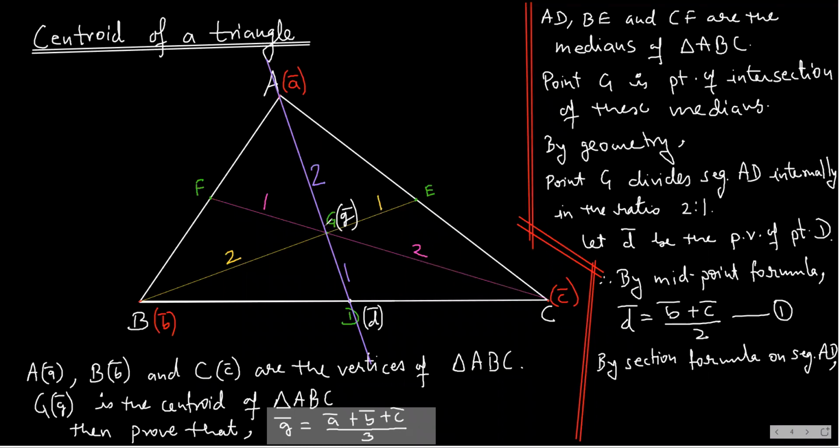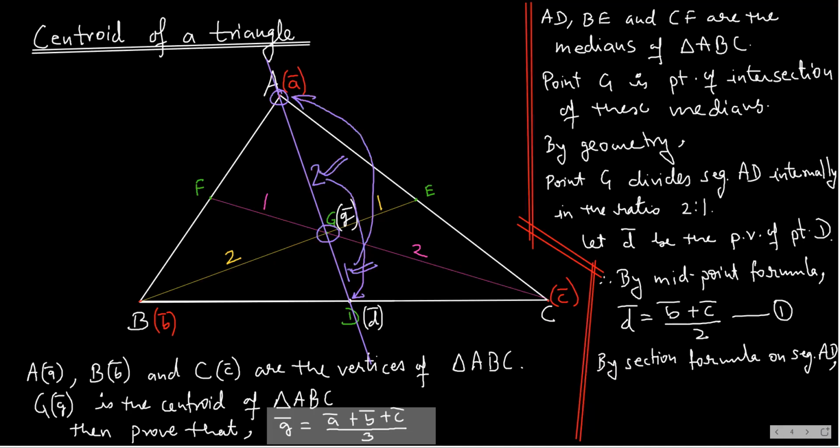Now here what you notice, G divides AD in the ratio 2:1. So the number between G and A is 2, and the number between G and D is 1. So this 2 will multiply the position vector of D, and 1 will multiply the position vector of A.